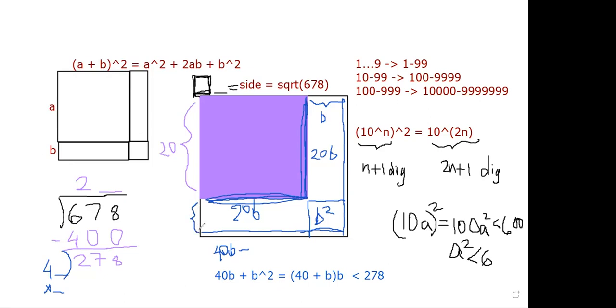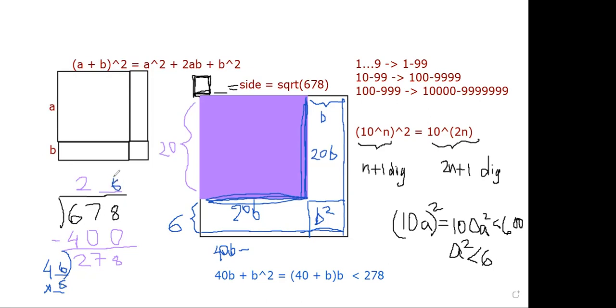Would 6 work? Let's see, 46 into 6. In fact, 6 will work too. I guess 7 will definitely not work. So let's say 6. Then we put a 6 here, a 6 here and a 6 here.